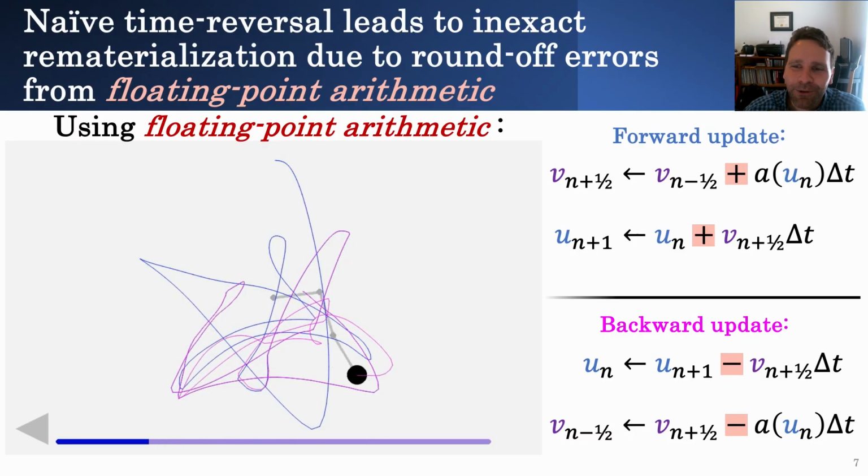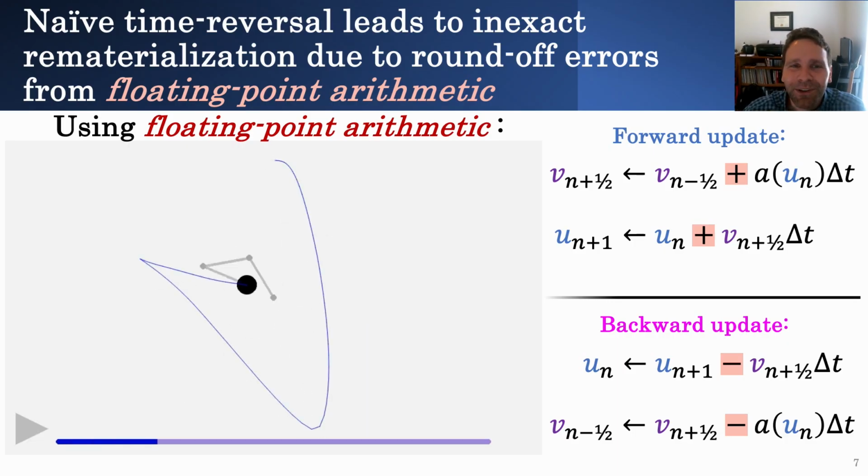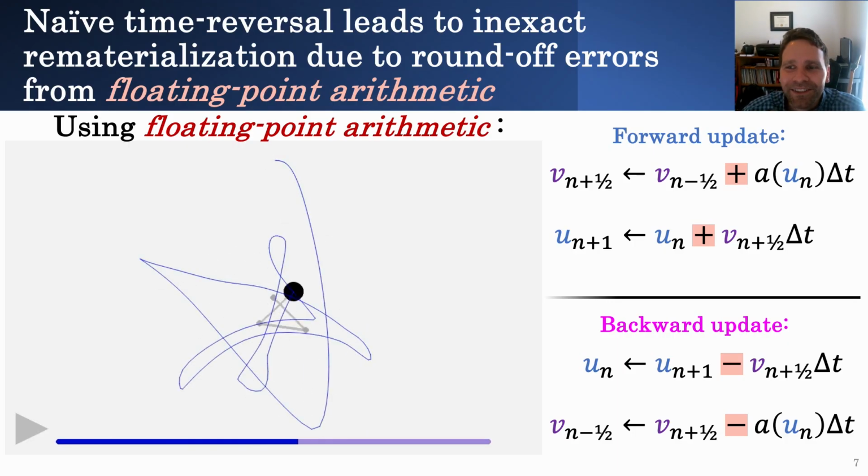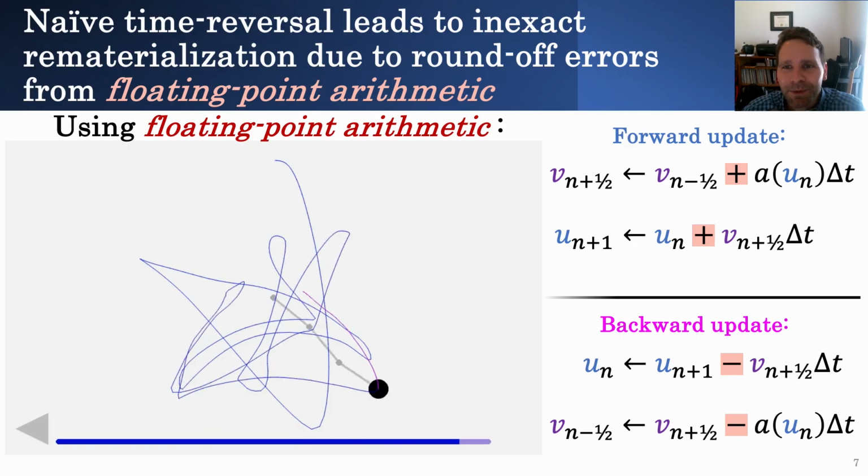During our forward update, we continually update our velocity and displacement variables by adding some kind of small adjustment, delta V and delta U, as we go forwards. And when we go backwards, we perform the reverse operation, subtractions of those same quantities.